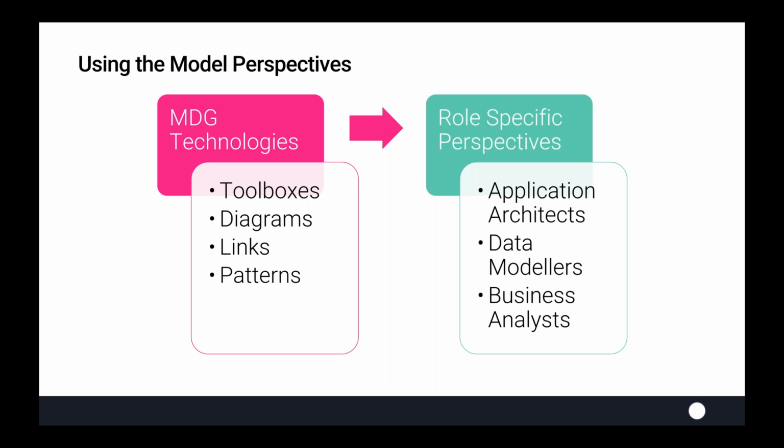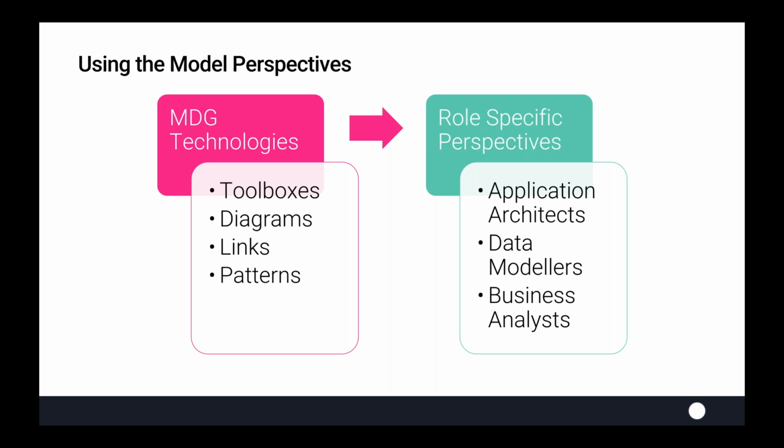So we could have menus and toolboxes and diagrams and technologies for that matter. If we go to the list of MDG technologies that Enterprise Architect supports, there's going to be a really long list. Not everything is going to be used by everyone, but to ask people to go enable and disable it themselves, that's also an overhead.